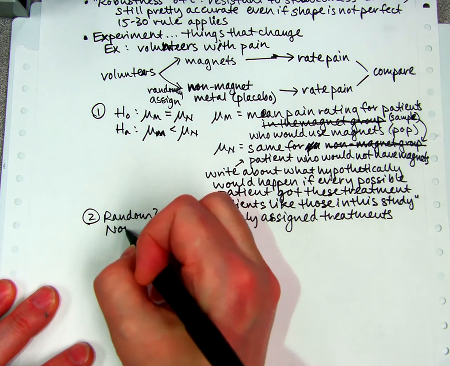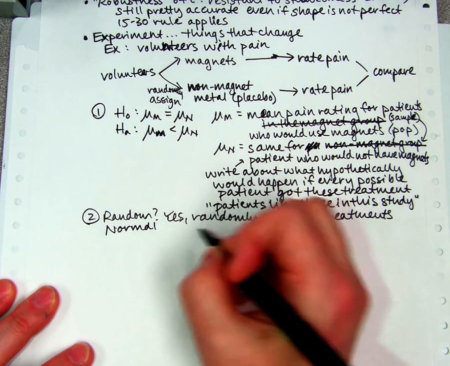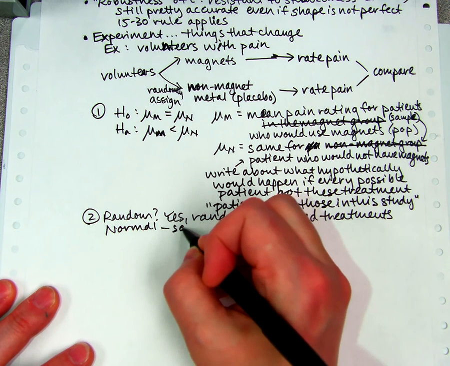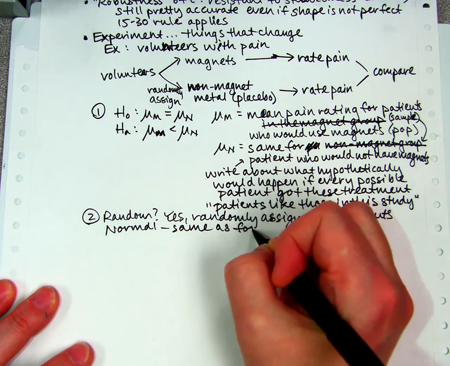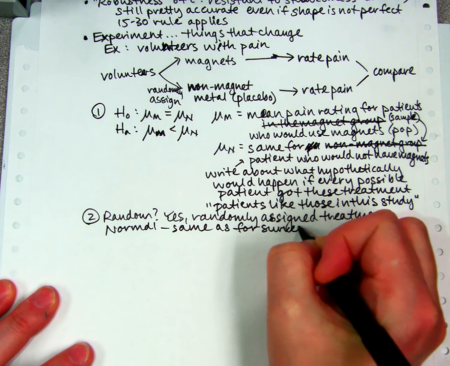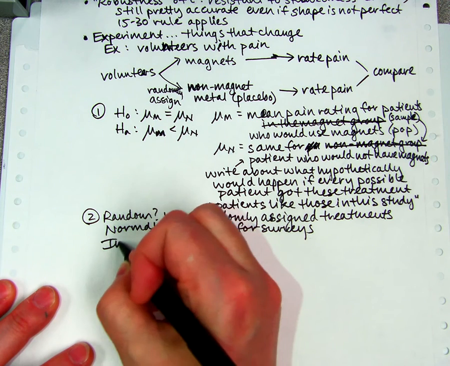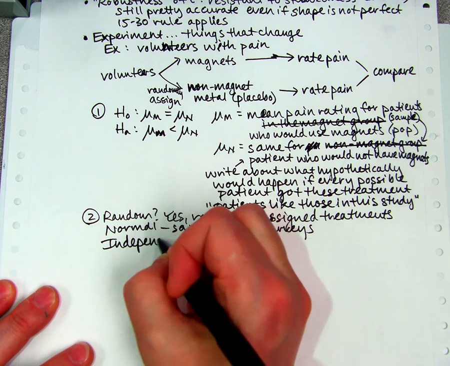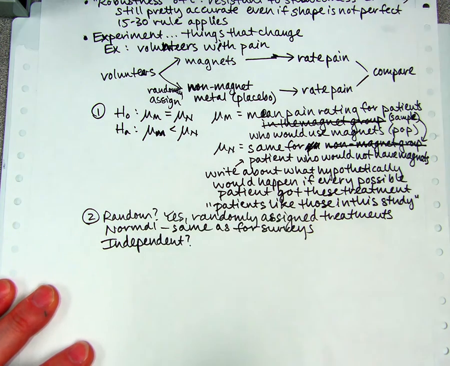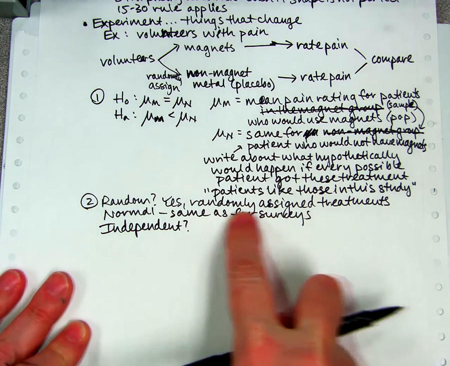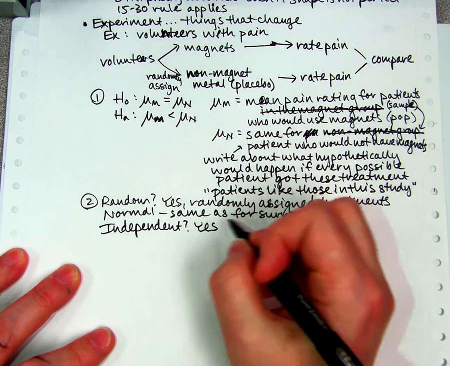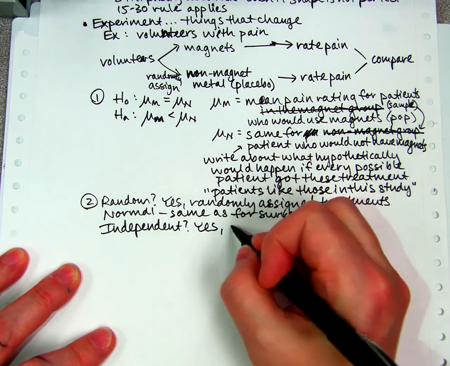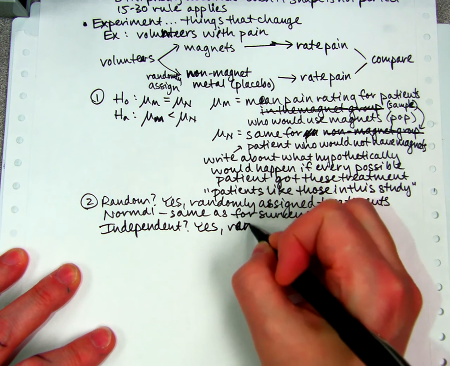Normal would be the same exact thing as for a survey, so I'm not going to write anything more about that. Independent changes with experiments, and I mentioned this before. Independent is covered by that randomly assigned treatments thing. So you could just either leave it out, or you can just say yes because randomly assigned treatments.